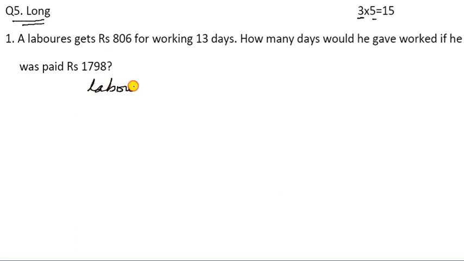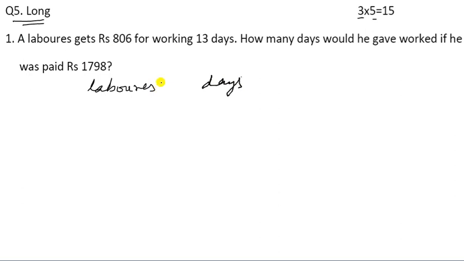If cost is increasing then the orange is also increasing, so it has direct variation. So let the cost be rupees x.